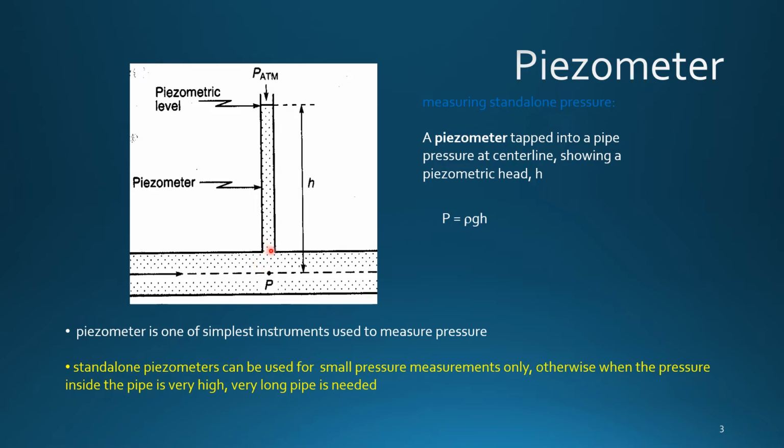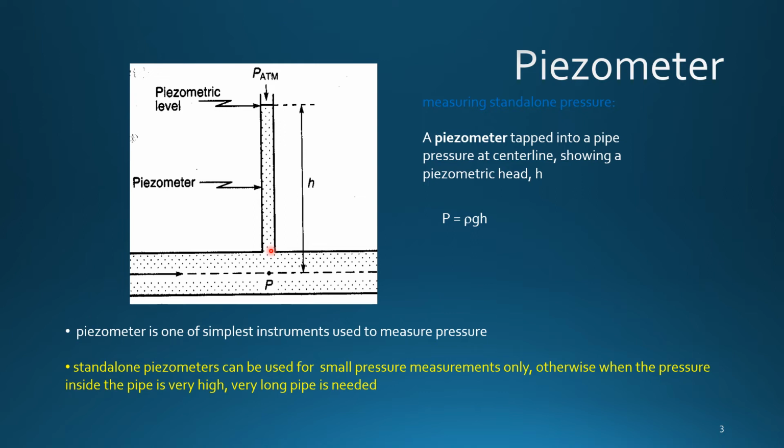But this method is useful only when the pressure is very low. For example, in a normal water distribution system, the minimum required pressure at the customer's node is about 20 meters, and in some cases pressure is allowed up to 80 meters.